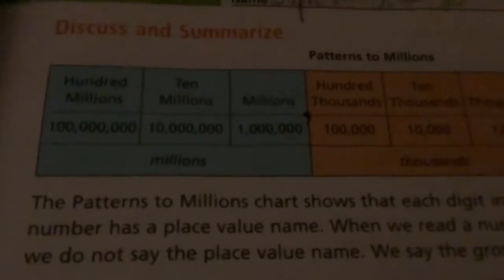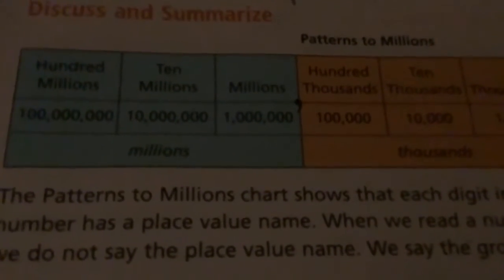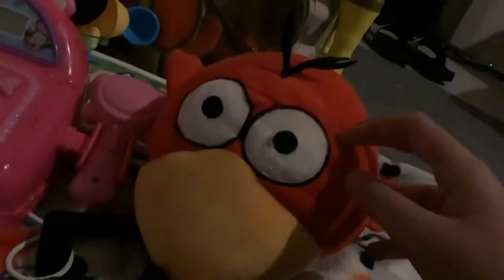That's correct. But if we divide 100 million by 10, we get 10 million again. And if we divide 10 million by 10, then we should get a million. That's right, Peep. So there are patterns in the millions places too, as well as the thousands, hundreds, tens, and ones. Every pattern is here. So, yep. Wow, that's a big pattern.